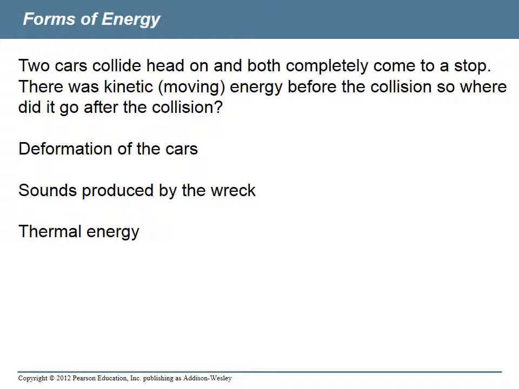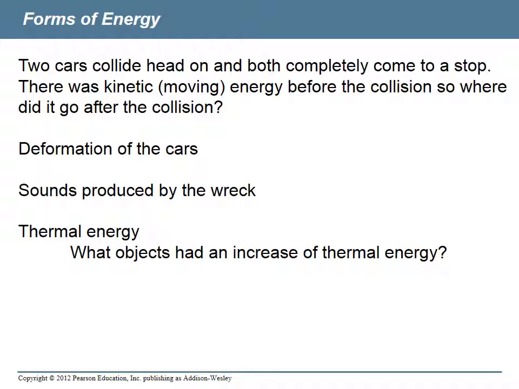There's also some thermal energy that is produced during the wreck. What are some of the objects that had an increase of thermal energy? We could say, well, the cars are probably skidding on the road, right? They probably hit their brakes, and so we could say that the road had an increase of thermal energy due to friction.